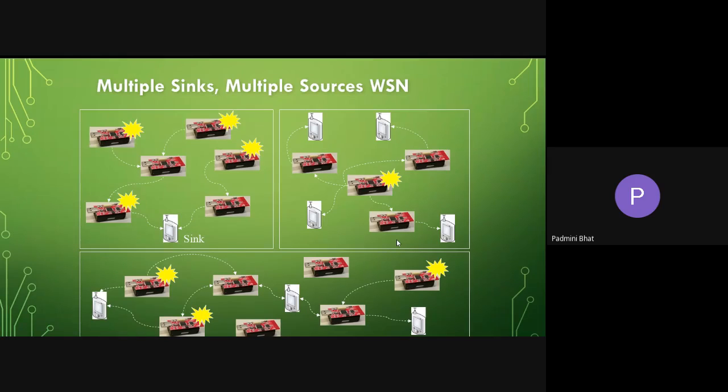We'll continue. Okay, fine. Now, next is multiple sinks, multiple sources. In the last scenario we saw a single source with multiple sinks. Now, multiple sinks and multiple sources. If you see here, initially we start from here, it comes here, and it goes here.